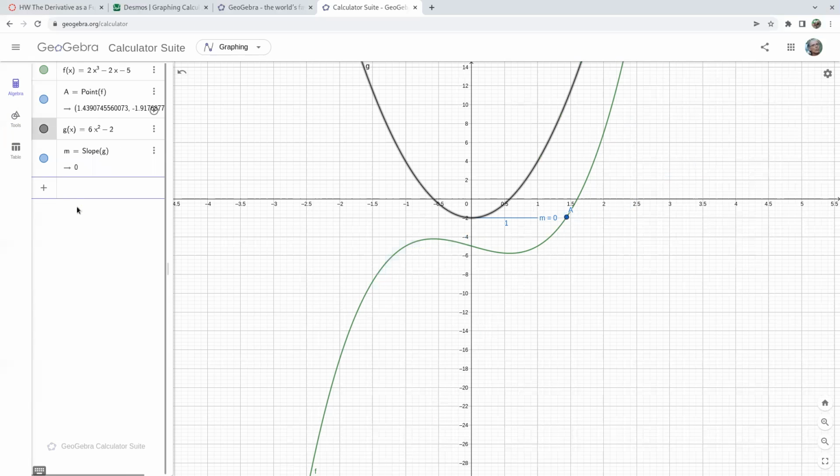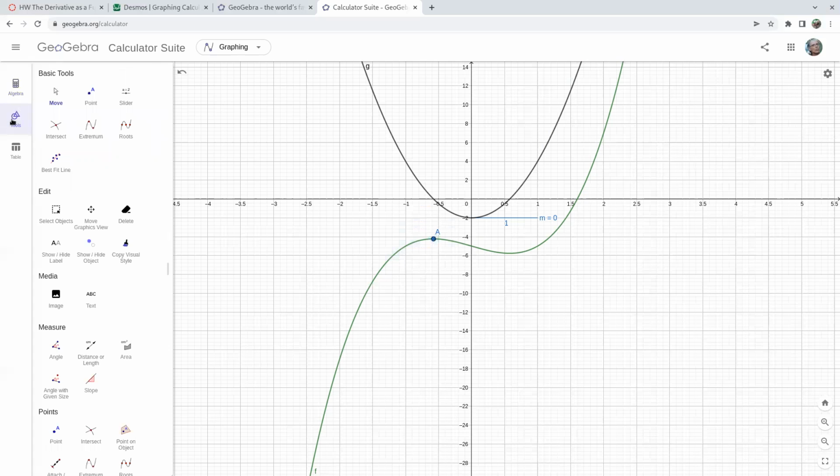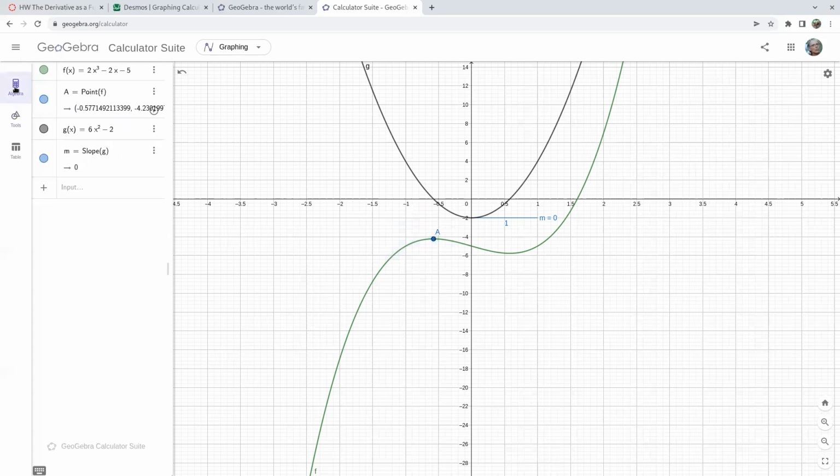Notice this function has a 0 at about negative 5.77. And if I take that point A and drag it over to negative 5.77, oh, where'd my tangent line go? I lost my tangent line. Oh, I bet it called the tangent line g of x and I screwed it up.